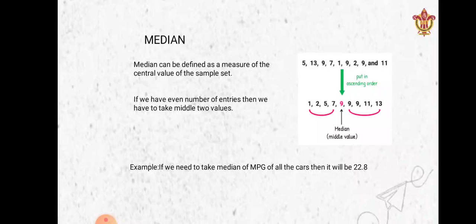But what happens? If you cross-check this list, you have a total number of elements as 9: 5, 13, 9, 7, 1, 9, 2, 9, 11.